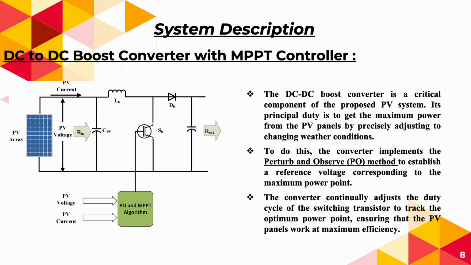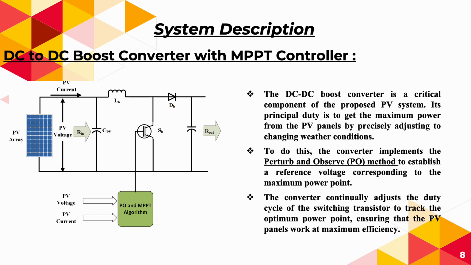Now we can go through the different system blocks of the PV generation one by one. The first basic block is the PV module I've already discussed, and the second one is the DC to DC boost converter with maximum power point tracking controller.